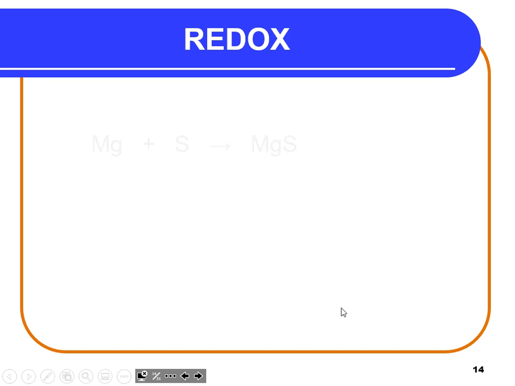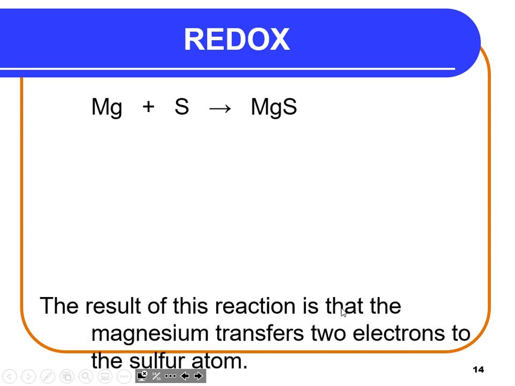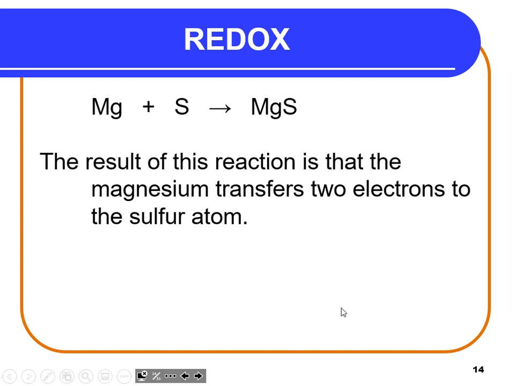Now, today we're going to talk a little bit about some redox reactions and how we're going to identify these using the oxidation numbers. Now, here is magnesium plus sulfur yields magnesium sulfide. This is just a nice, easy redox reaction because when we look at the results of this reaction, magnesium is transferring 2 electrons to the sulfur.